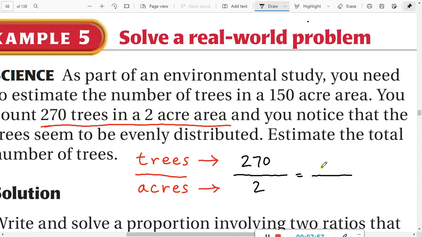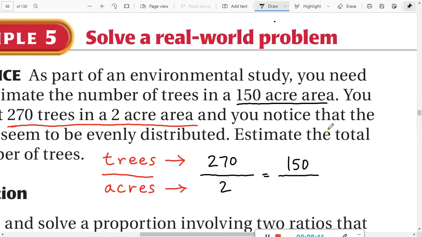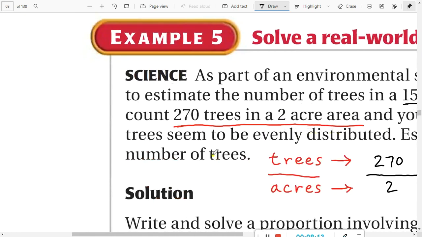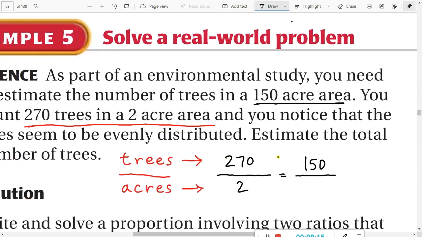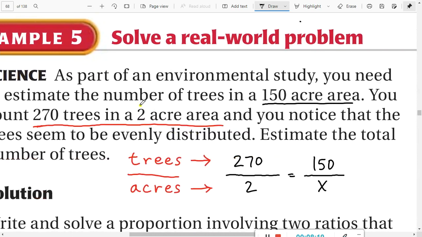And then you want to do the next fraction the same way. The next fraction is 150 acres. And we don't know how many trees. They want us to estimate the total number of trees. So we're just going to call that X.